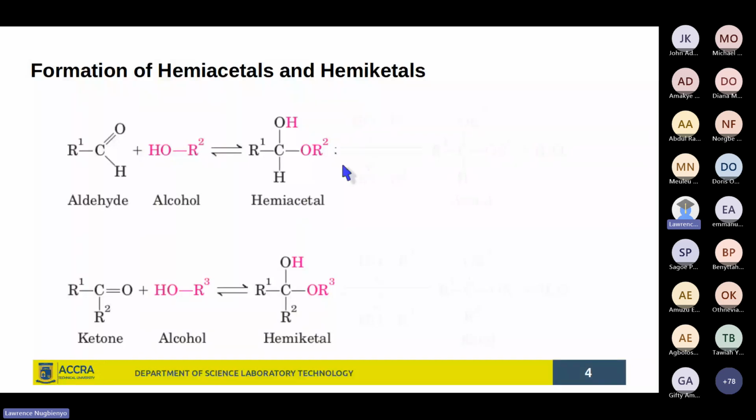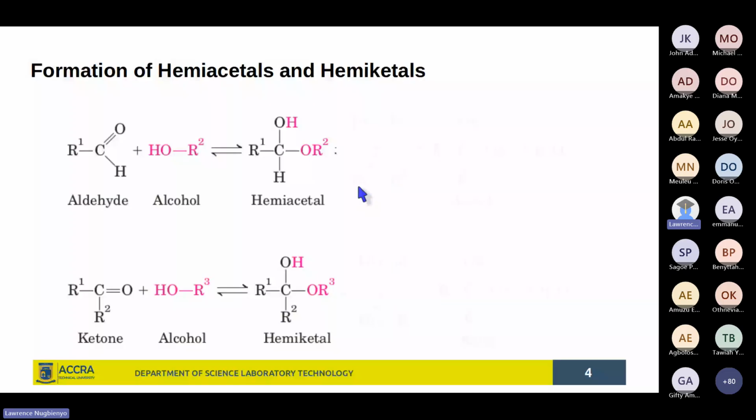Now you can see, as a matter of fact, this reaction actually continues. More alcohol will go into the formation of an acetal. Intentionally, I have masked that part of the reaction because it is not needed for today.